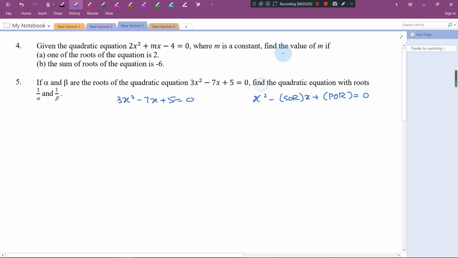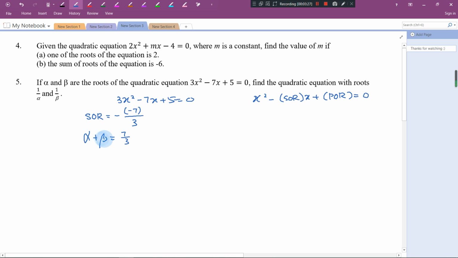Okay. So the roots for this equation are alpha and beta. So it means that sum of roots is equal to negative b over a. Sum of roots, alpha plus beta, is equal to 7 over 3.